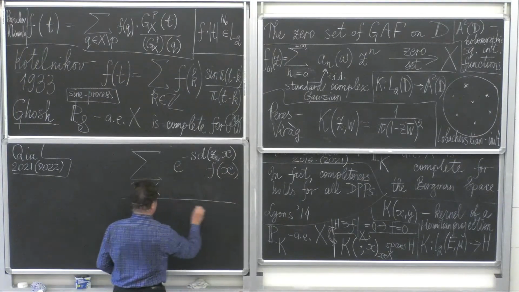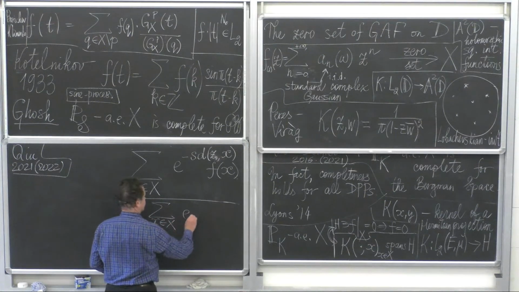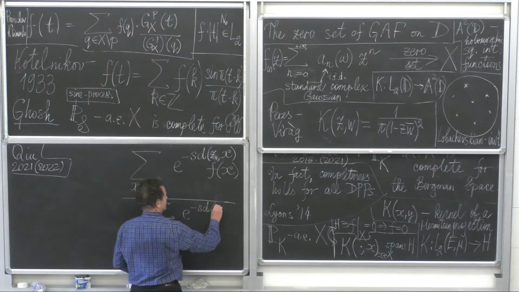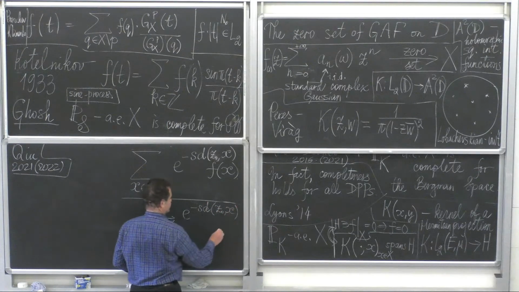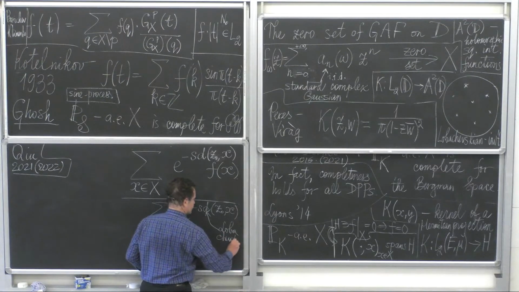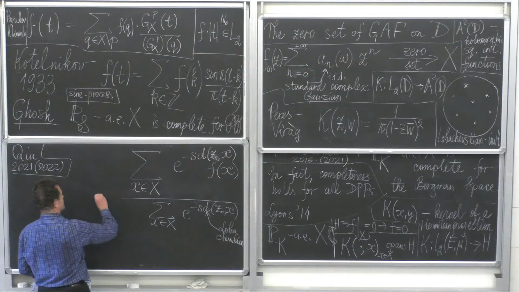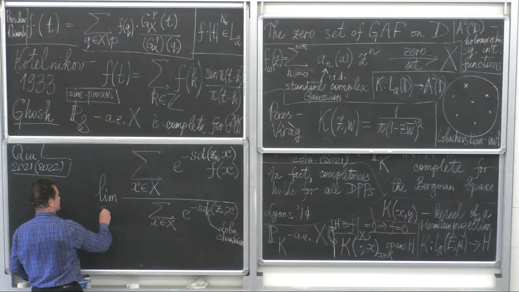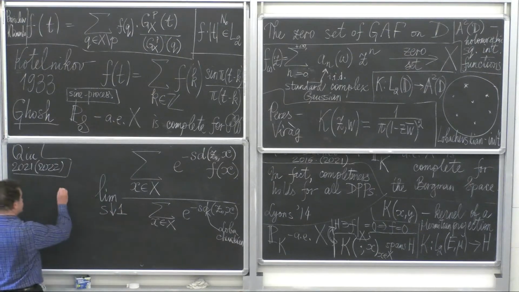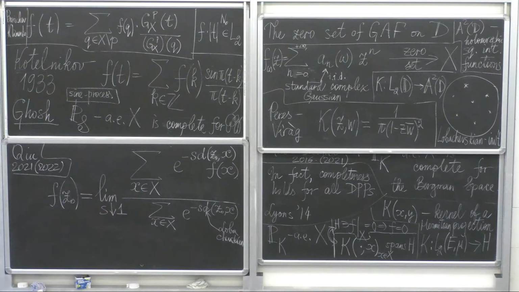So over the sum, D is the Lobachevskian distance. S is taken to 1, and S goes to 1 descending. And this gives me f of z0. So this is the result we have for a.